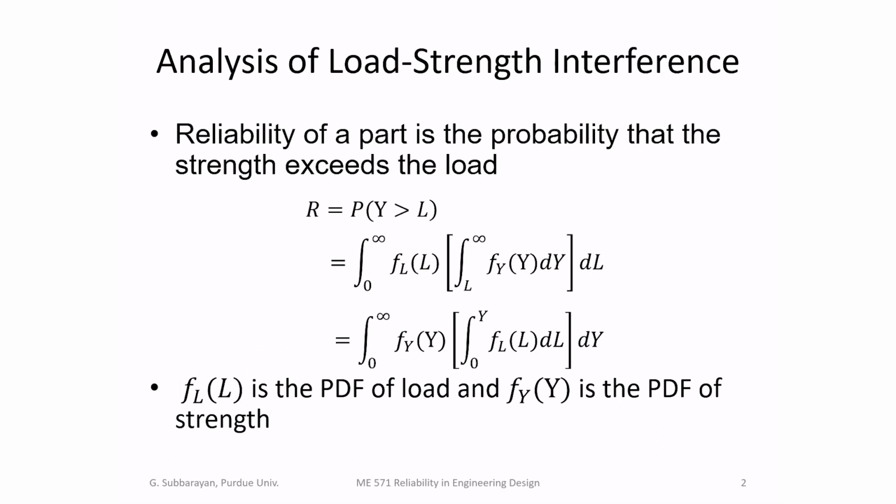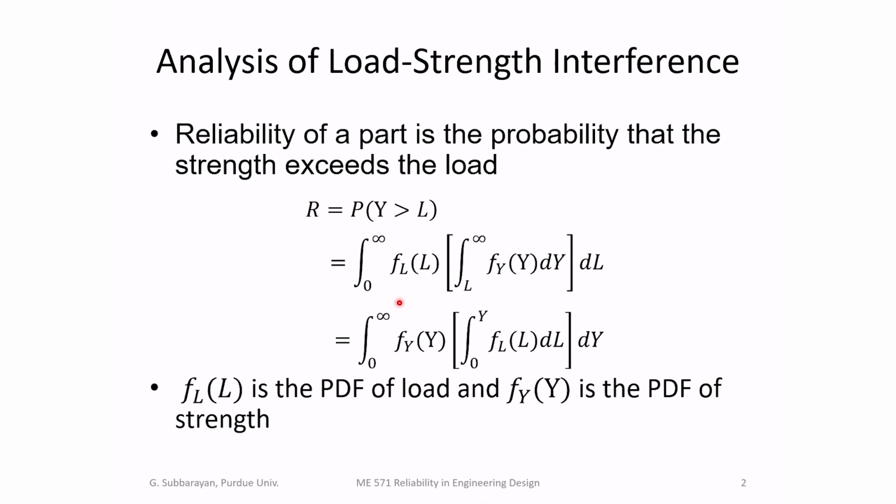Reliability is the probability that the strength exceeds the load. In other words, reliability is the probability that strength Y exceeds the load L. So I'll use Y to denote strength and L to denote the load. Reliability can be expressed in two ways, and I will elaborate on this in a second.